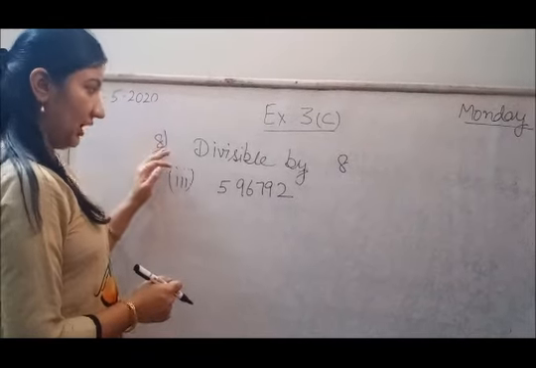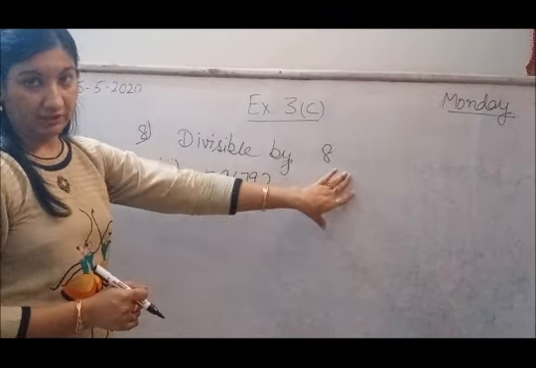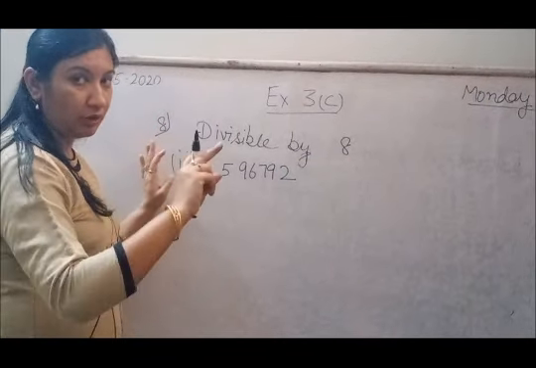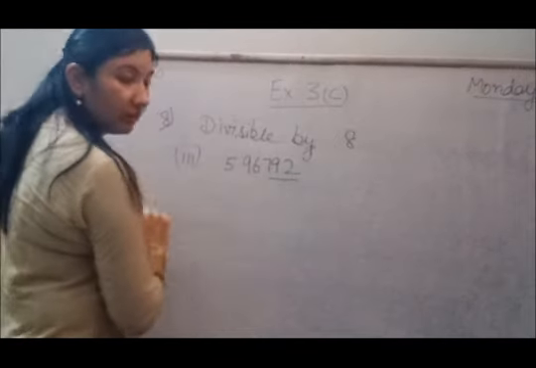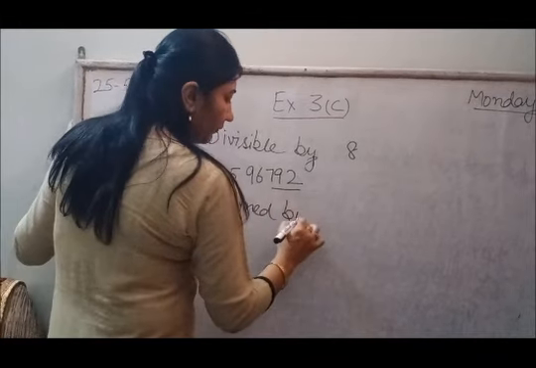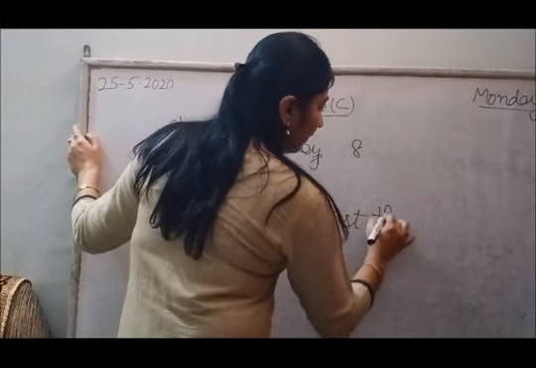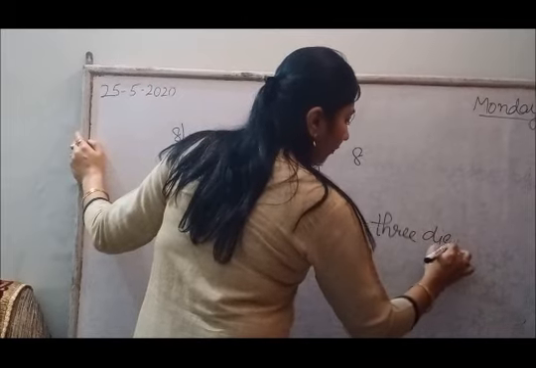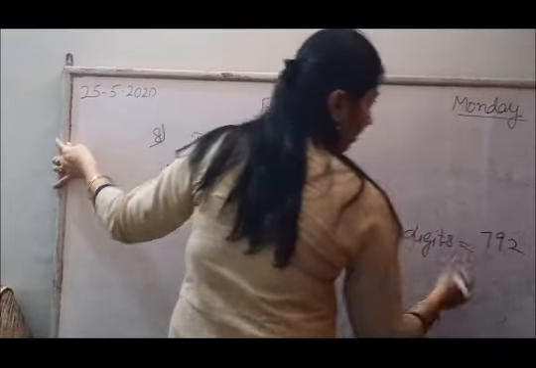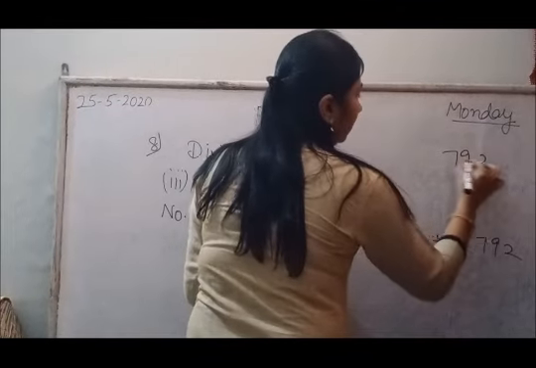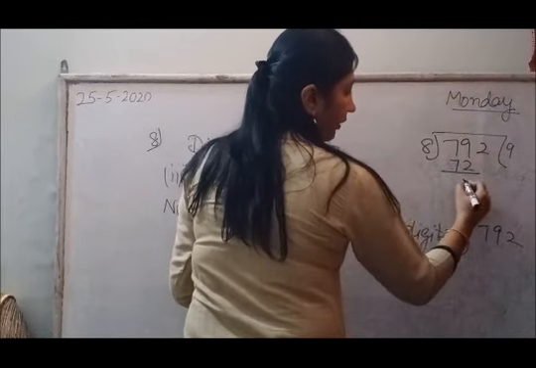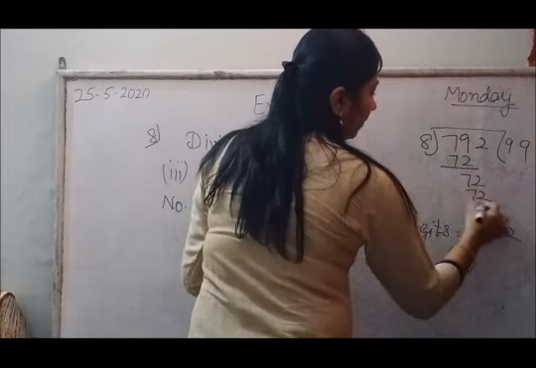Now question number 8, you have to check divisibility by 8. What was the rule for that? In 4 we were checking the last 2 digits. Here we have to check the last 3 digits. What is the number formed by the last 3 digits? 792. Check, is it divisible by 8? 8 times 9 is 72, 79 minus 72 is 7, again 72.